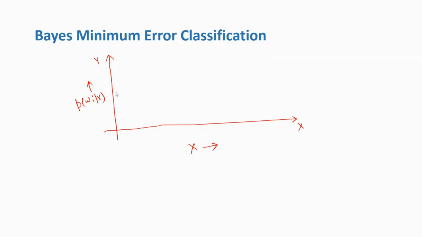Since we are doing binary classification of images, there are two possible classes, omega i and omega j, or say cat and dog. Both classes have some probabilities given some feature vector x. Now just think that I have some probability distribution like this one.